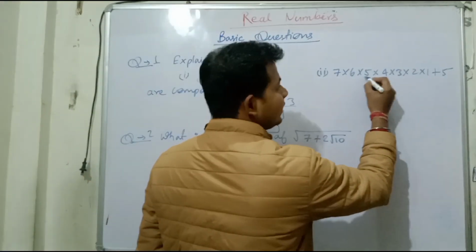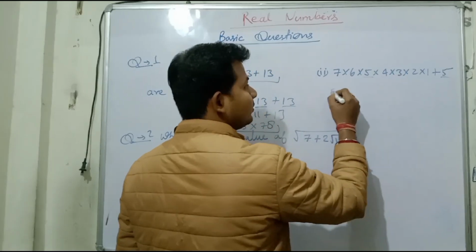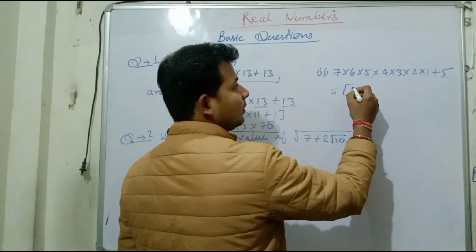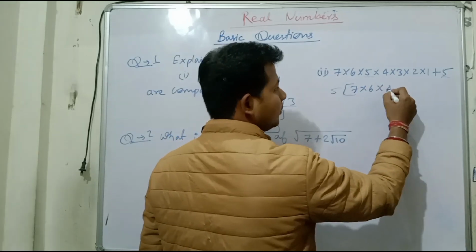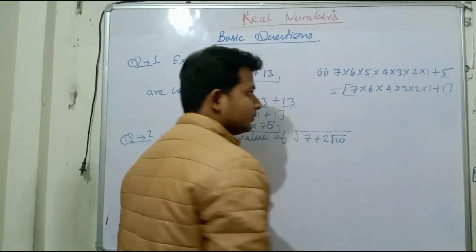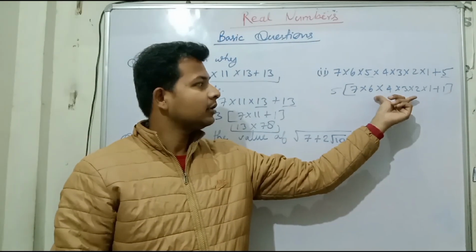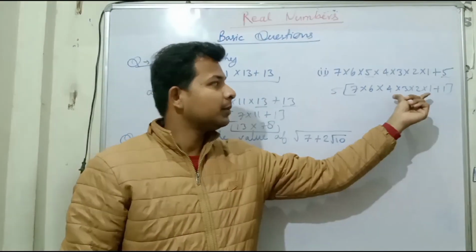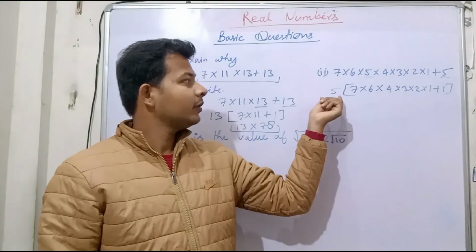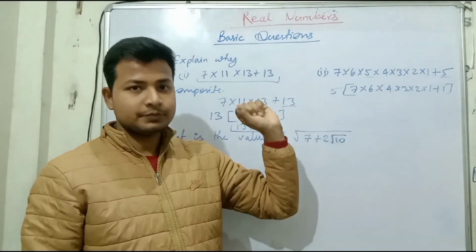Similarly, you can see that 5 is common in both of these two terms. So if you take 5 as common, this will be 7 into 6 into 4 into 3 into 2 into 1 plus 1. Now we can easily say that the product and sum of these numbers will be a single-digit number which is multiplied by 5.